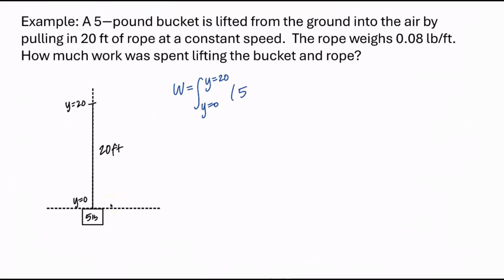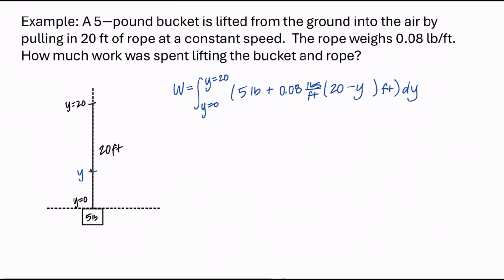So I'm going to start by putting that 5-pound weight there, plus 0.08 pounds per foot of rope, and then times that amount of feet at any given y value. So if I pick a y value here, how many feet of rope are there? Well, it's going to be 20 minus y. So we're going to have that 20 minus y feet, and then dy.